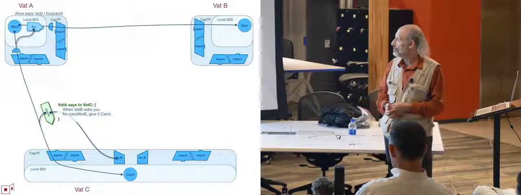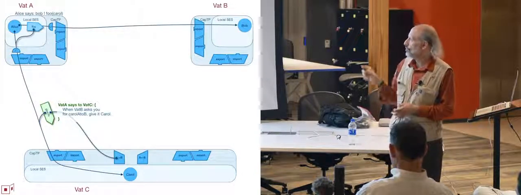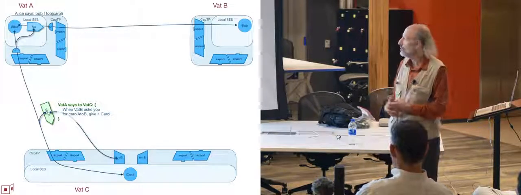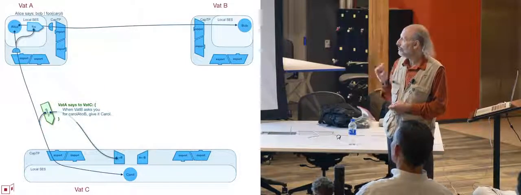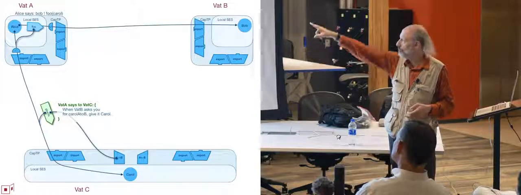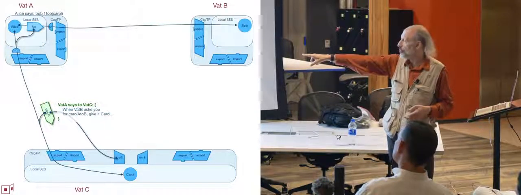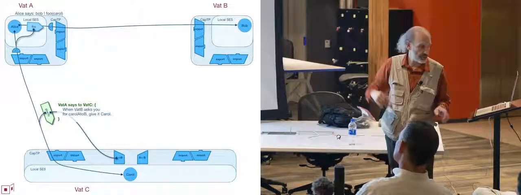VAT A is essentially saying to VAT C, when VAT B asks you for an index, the Carol A-to-B index, which is just an index that VAT A made up, give it Carol. And the message talks about Carol by using the index in the export table of the things VAT C has exported to VAT A.